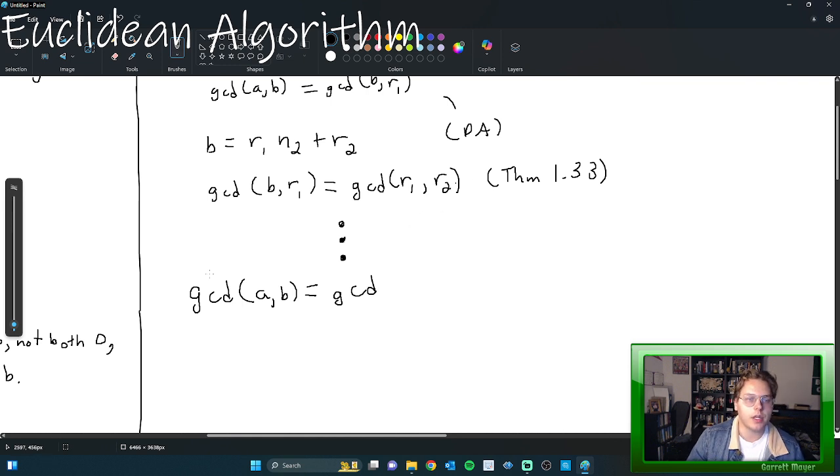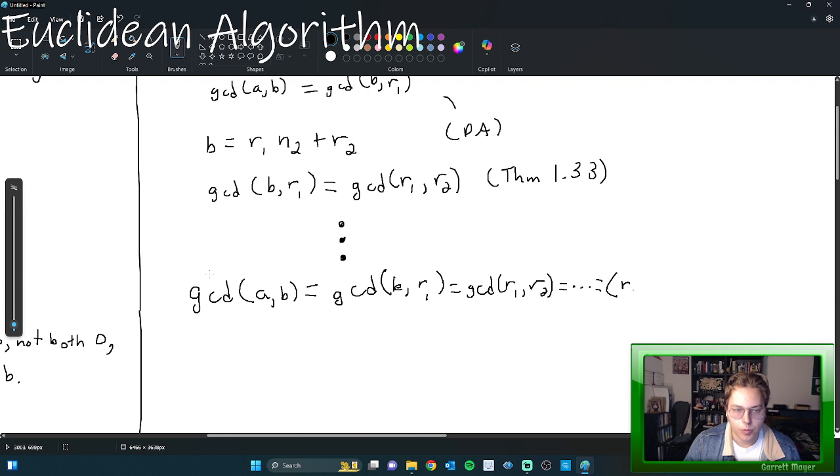Basically we want to continue doing this until the remainder is just equal to 0, until the remainder of the previous one literally just divides B. So then up next we're going to have GCD(B, R1), and then GCD(R1, R2), and then the GCD of R(n-1) and Rn. We'll say Rn is the one that's equal to 0.